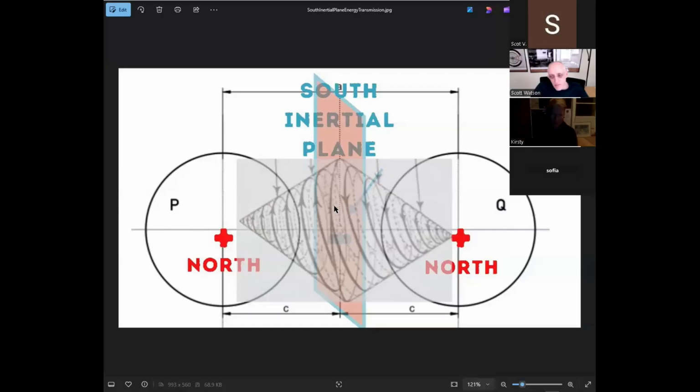So that's the general concept that I wanted to get across before I explain the double slit experiment: light expands, hits a south inertial plane, and then it contracts back. And it's actually Walter describes it as there are cubic wave fields and that the light is repeated. The warmth we feel on our skin, traditional science would say, hey, that's the light coming from the sun and hitting our skin.